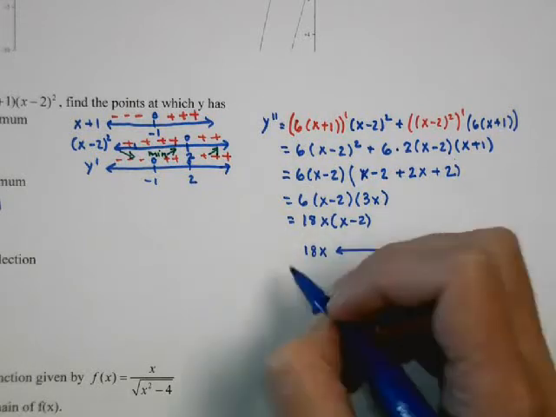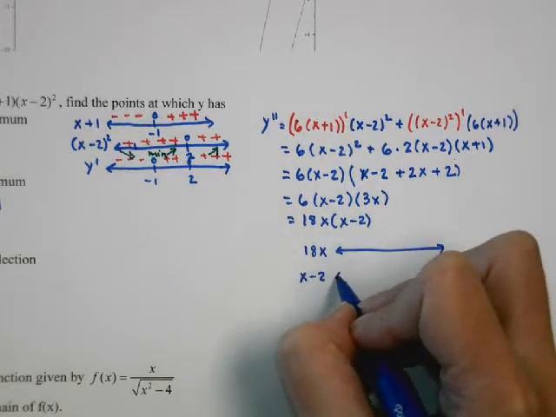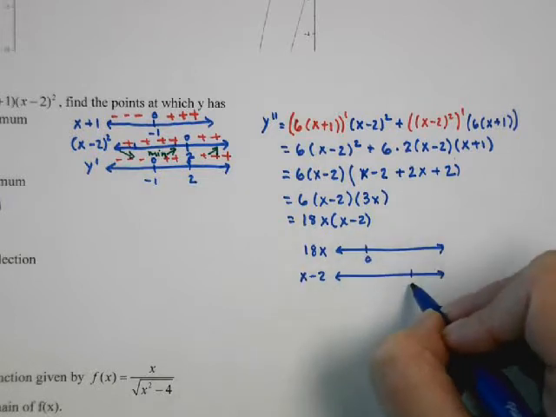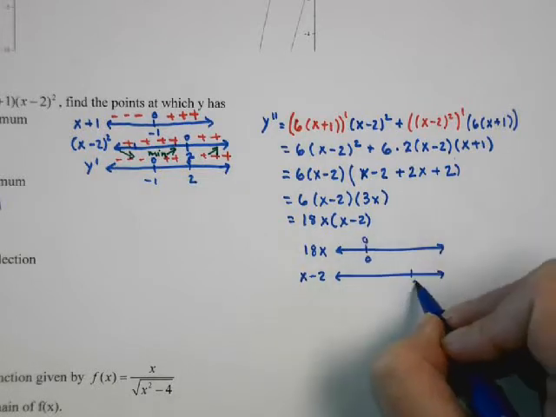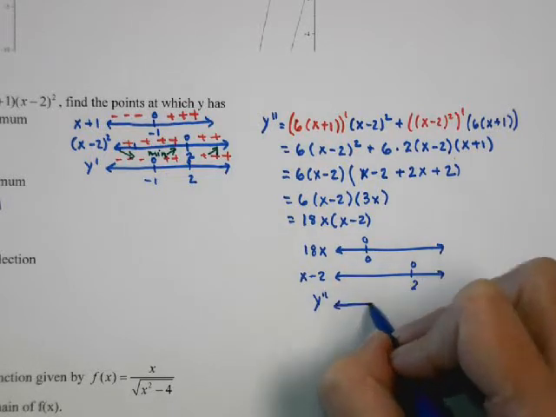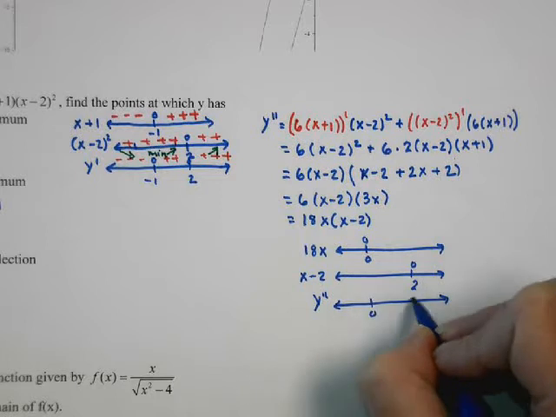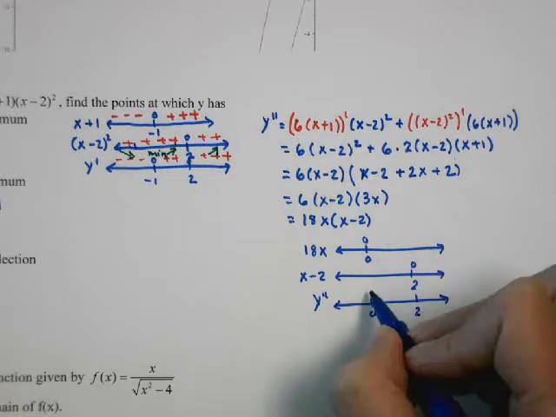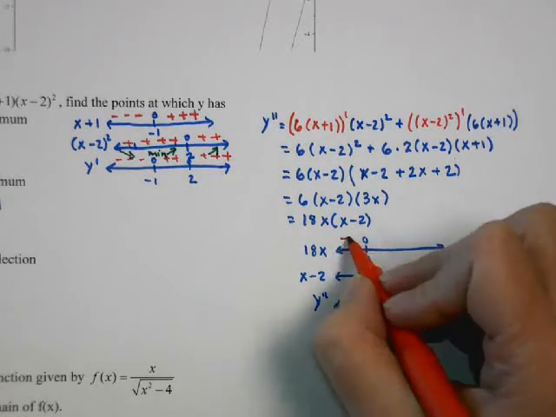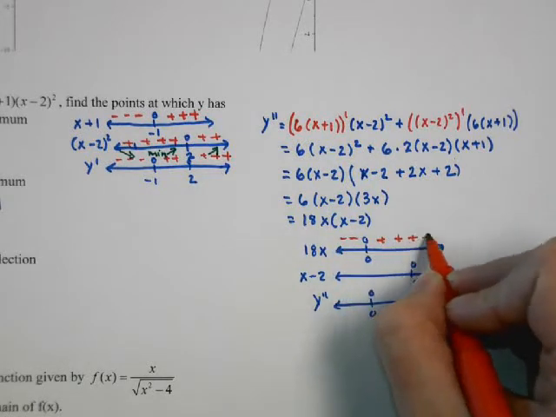Do our number lines. So this one is 0 at 0. This one is 0 at 2. This one's going to go from negative to positive.